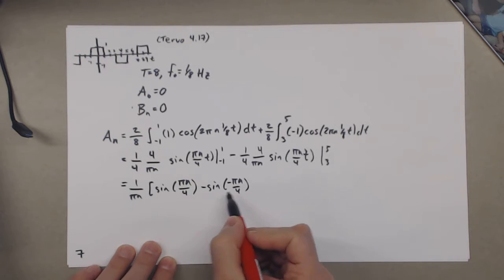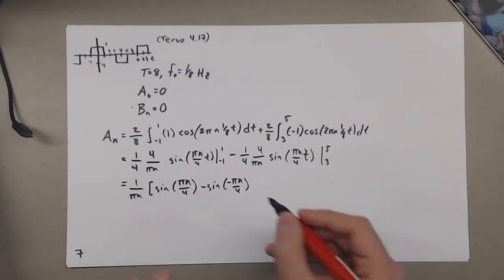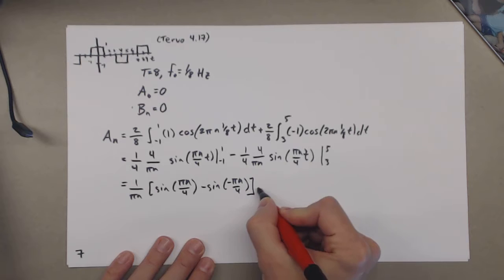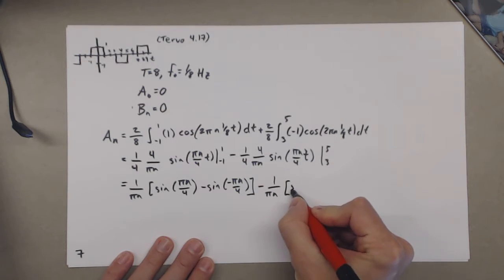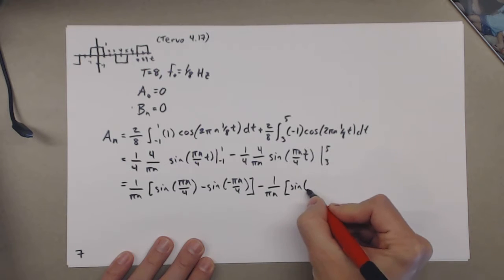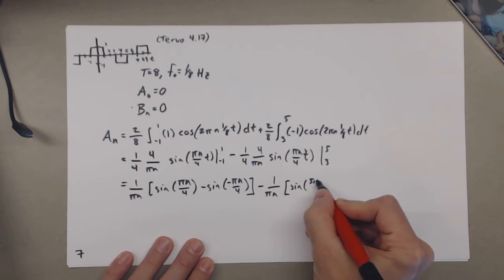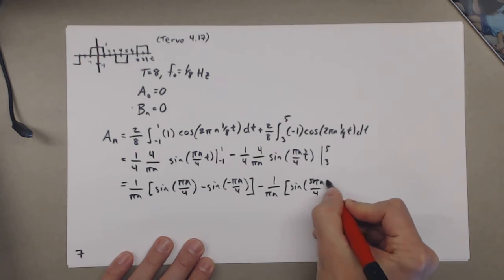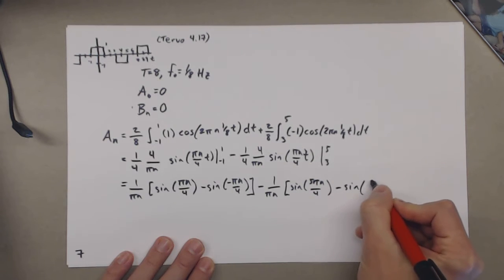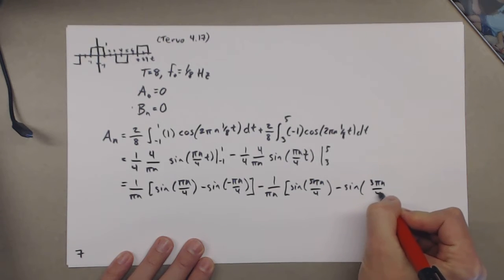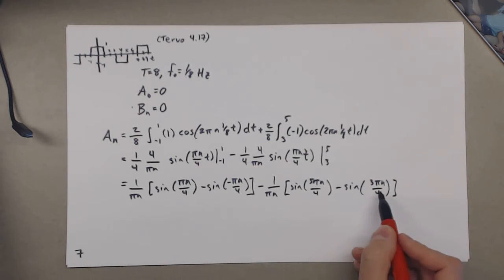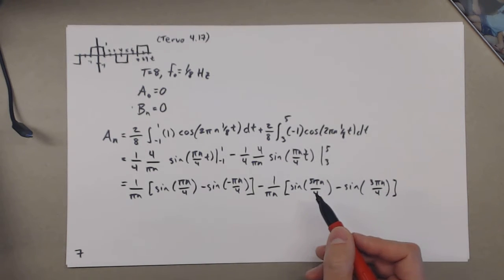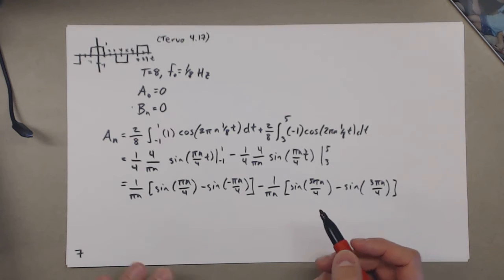Minus sine of minus pi n over 4 is equal to sine of pi n over 4 because it's an odd function. And then we also have sine of 5 pi n over 4 minus sine of 3 pi n over 4. And minus sine of 3 pi n over 4 equals sine of 5 pi n over 4.